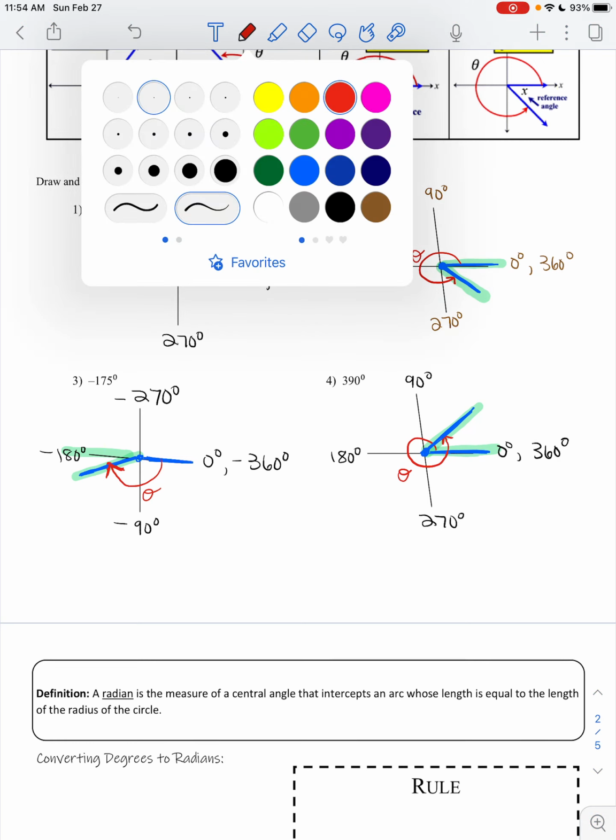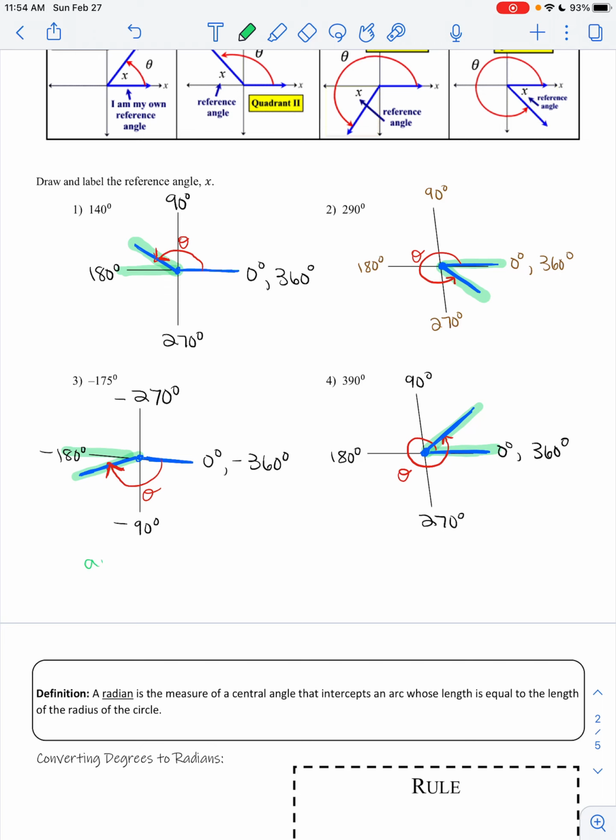If you want to write that down, if the terminal side of your angle is in quadrants 2 or 3, you're highlighting the negative x-axis. If the terminal side of your angle is in quadrants 1 or 4, that's the positive x-axis.